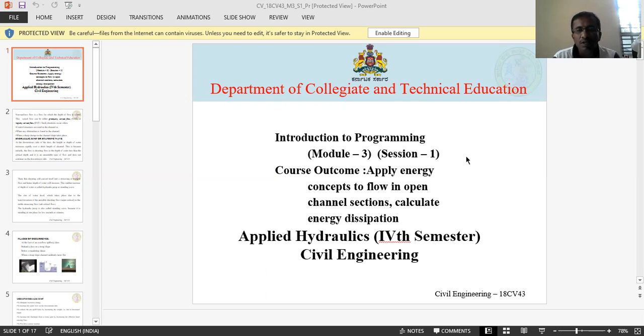Under this module, we discuss the hydraulic jump: the relationship between the sequent depths, Froude's number, and loss of energy, and how to find them.